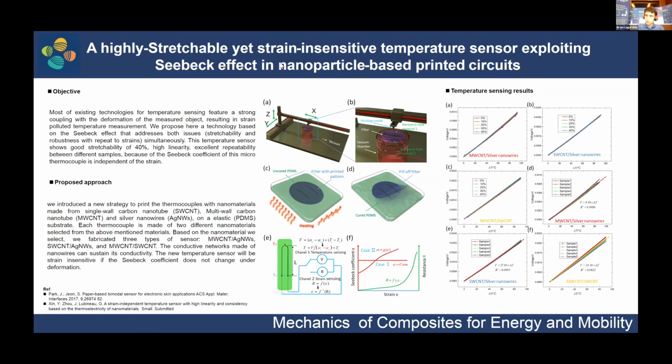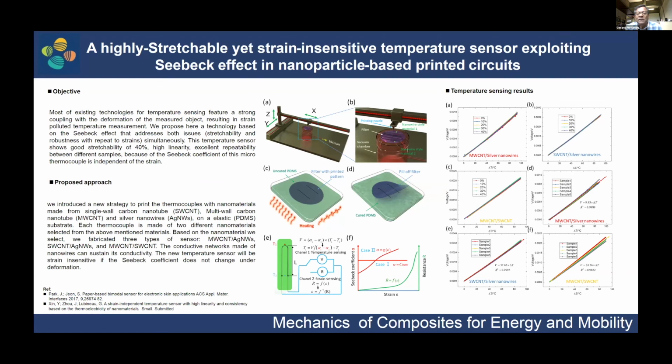Professor Fernando has a question. Go ahead. Sorry, I'm just struggling to see with my varifocals the data you present on the right-hand side. You've got delta T, I think, on the x-axis and voltage on the y-axis. How do you say it is strain-insensitive?